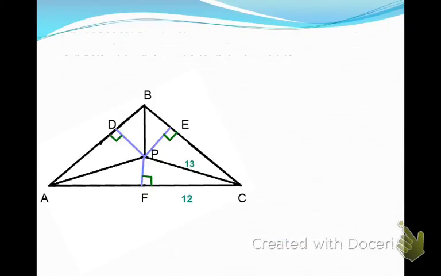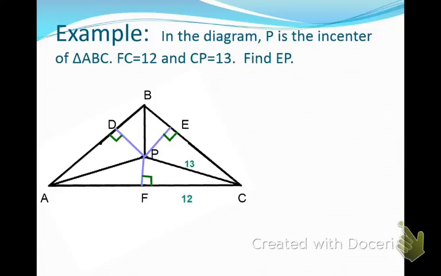All right, so in this question, in the diagram, P is the incenter of triangle ABC. FC is 12, CP is 13. We need to find EP. Any ideas how we could find EP? What do we have to find first before we can find EP?